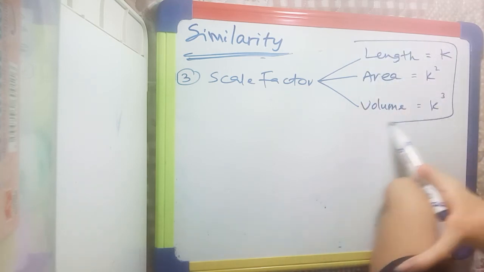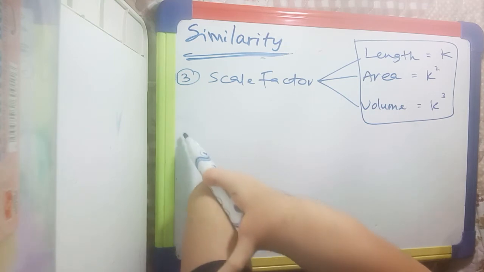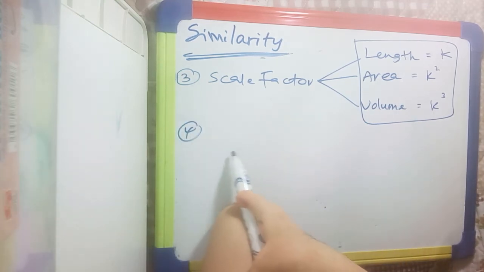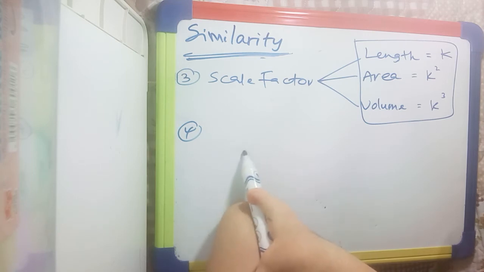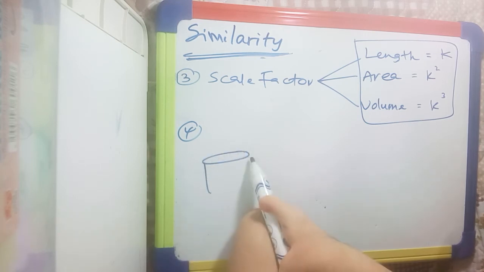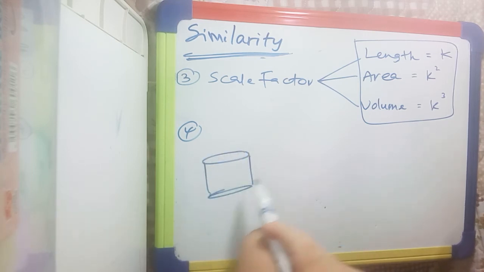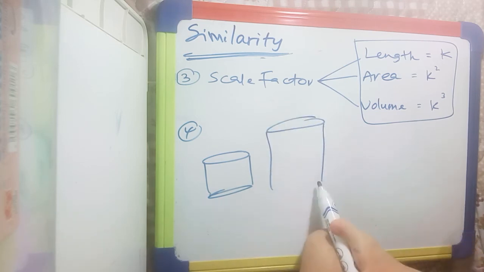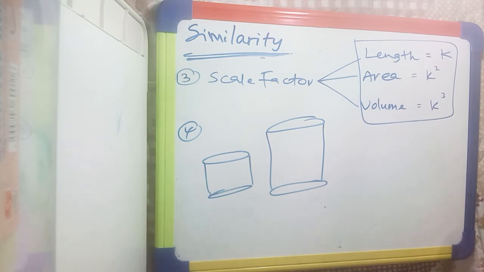How to apply this? Example, let's say I give you something like this: a small cylinder and a big cylinder.